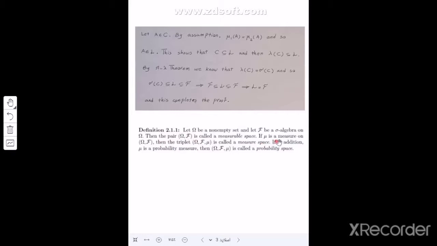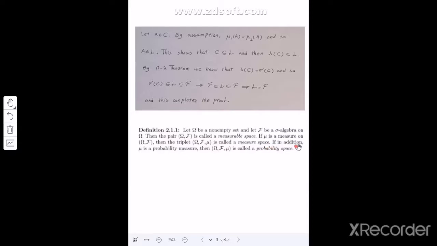And if mu is a measure on omega, with F as the domain of mu, so mu is a set function, a measure with domain F, then this triple omega, F, and mu is called a measure space. This pair is called a measurable space. This triple is called a measure space.